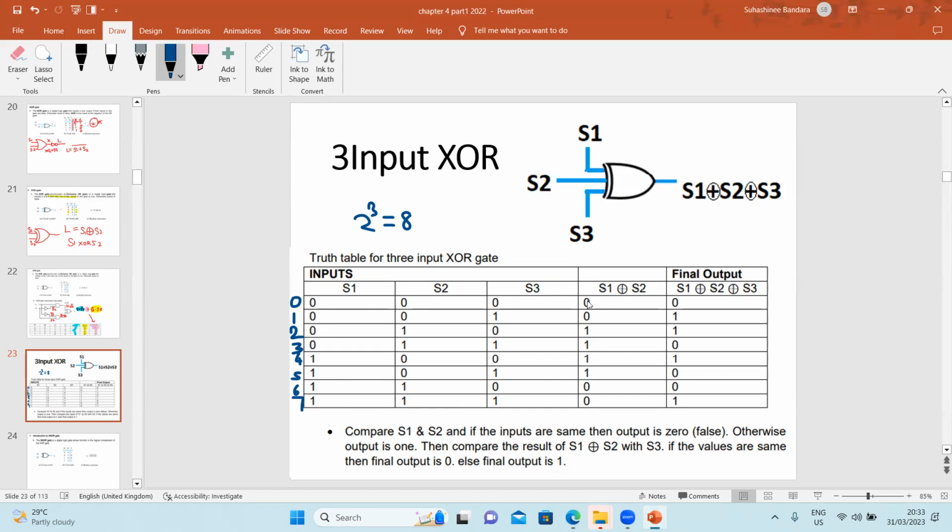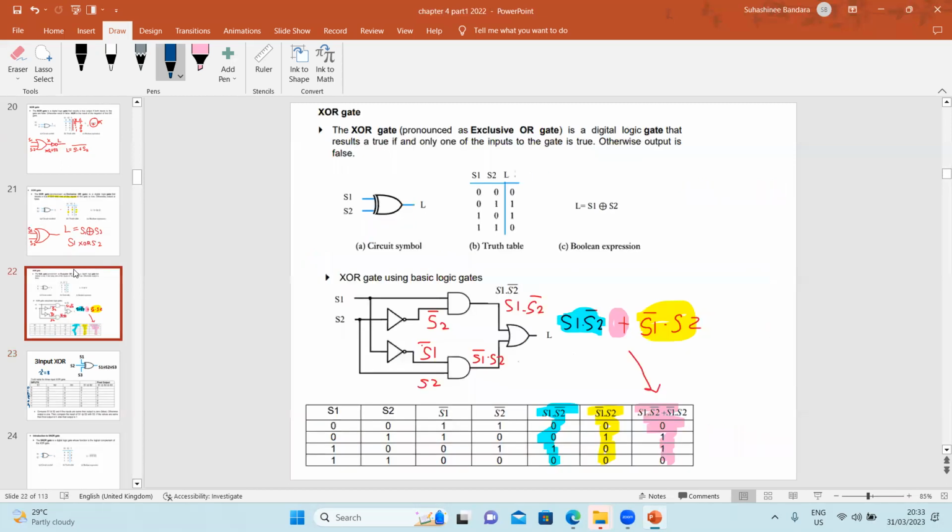So first is the XOR of S1 and S2. If we get XOR for these two, if the two are equal, it will be off. If and only one input is true, that is what we said earlier. Let's look at this. If and only one input is true.